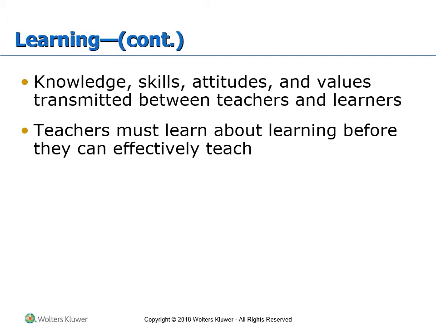And so the book has this quote that says, teachers must learn about learning before they can effectively teach. I would agree mostly, except I would say maybe optimally teach. You can still observe someone do something suboptimally and still learn and gain knowledge from it. But for optimal learning, I think definitely teachers need to learn about learning.